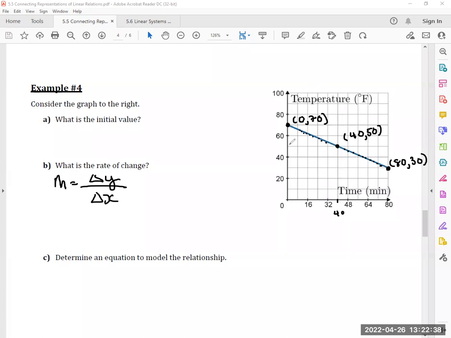All right, let me give you an example. Ready? If I move from 0, 70 to 40, 50, how much did I move to the right by? Five boxes, but it went from 0 to 40. So what did I move to the right by? 40.